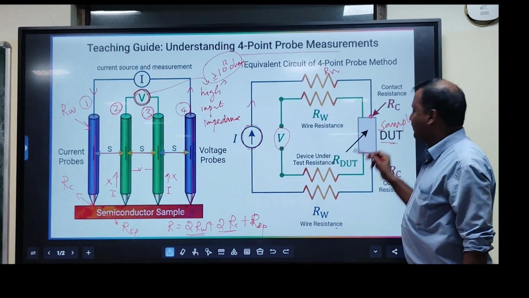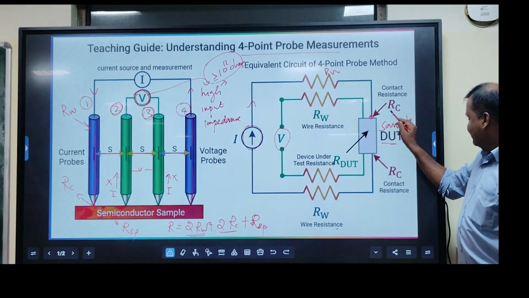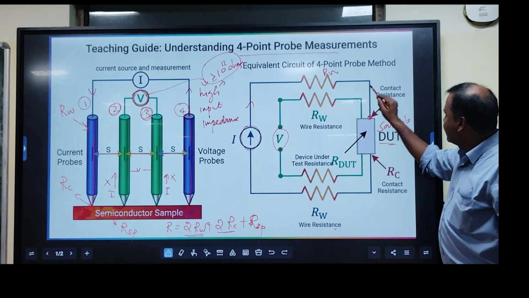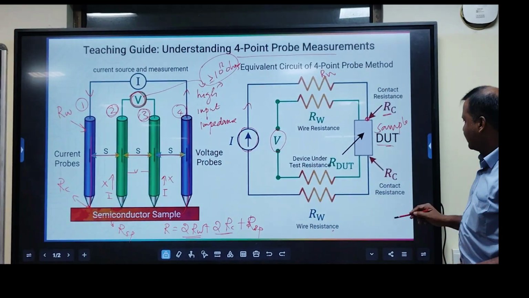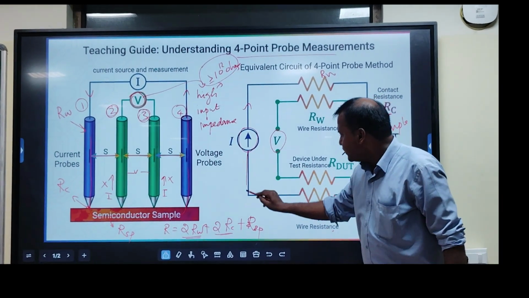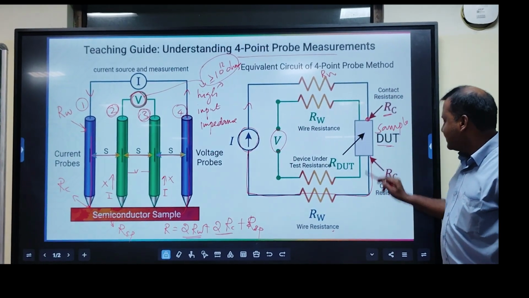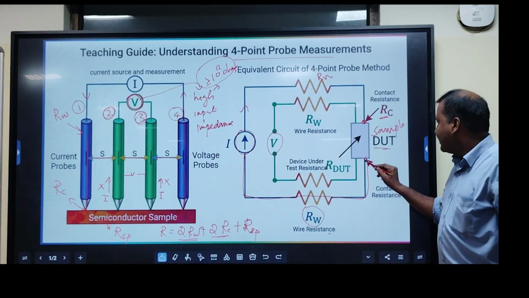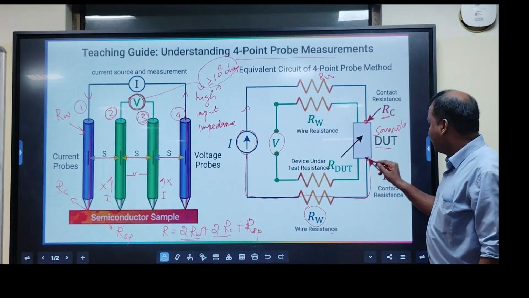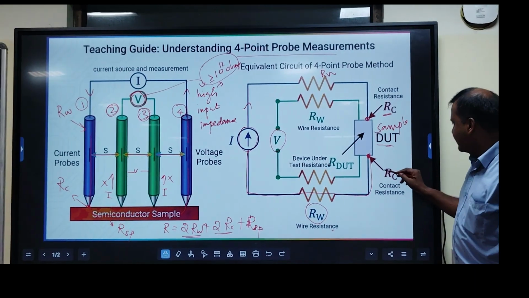This wire contacts the sample, and the wire-sample interface gives the contact resistance, R contact. Similarly, the other end of the current source is connected to the sample, and that wire has some resistance RW and contact with the sample, again a contact resistance.